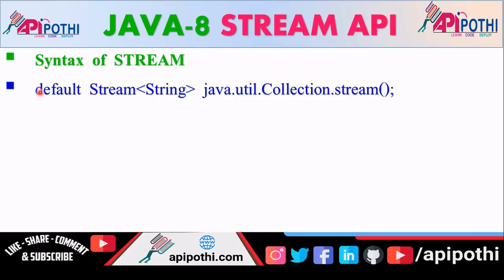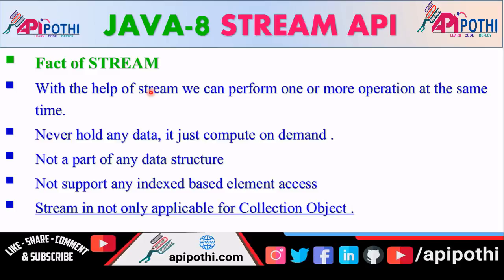Since we know from Java 8 onwards we can have default and static methods inside the interface, and from Java 9 we can have private methods also. So stream is the default method available in the Collection interface, which returns a stream of a given type. Okay, this is the syntax of stream.